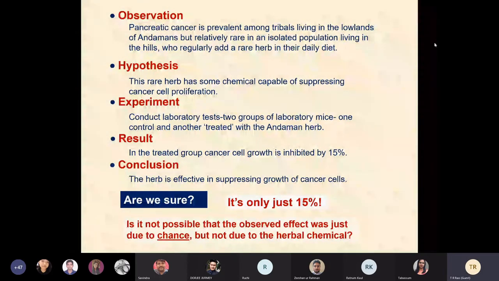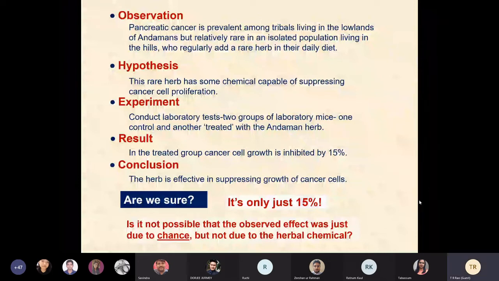So, if there is always a chance that something might come out, how do we know whether we can make a definitive, believable statement about anything? In order for us to take into account the effect of any treatment, here the herb, it should be significantly higher than what could occur by chance alone.